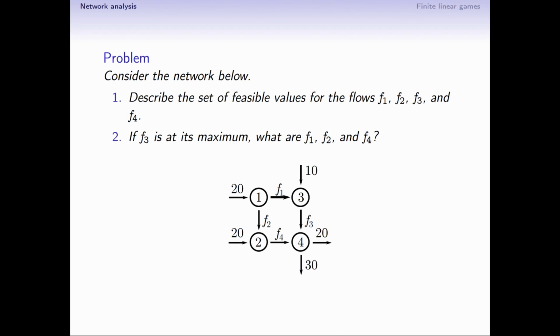All right, now one thing I want you to notice is that coming into this system of nodes, we've got a total of 50 gallons of water per minute, and exiting this system, we have another 50 gallons of water per minute. Now we're going to assume that this system is conserving all of the water, right? That at each and every one of these nodes, the water is neither being created nor destroyed.